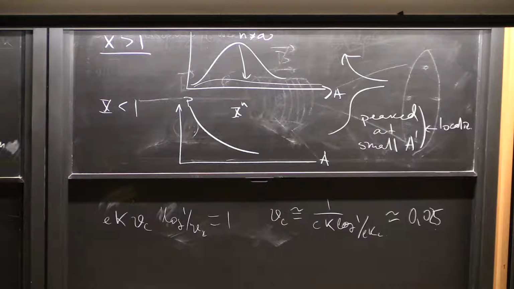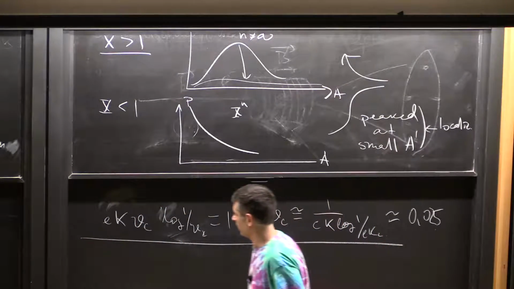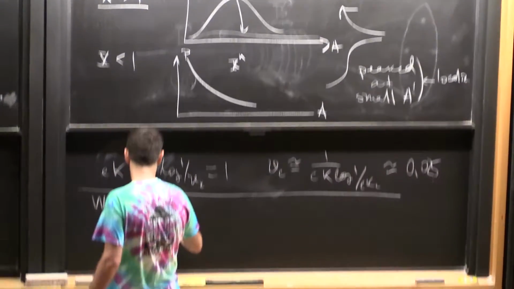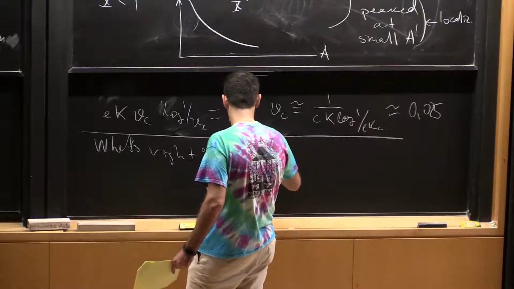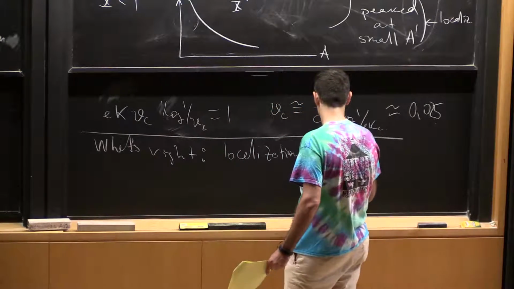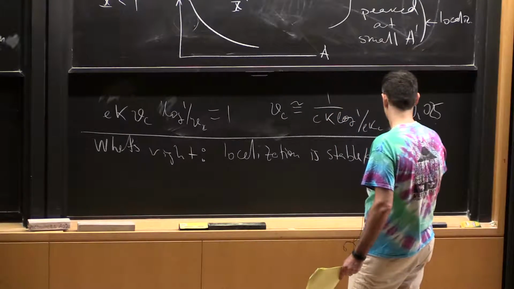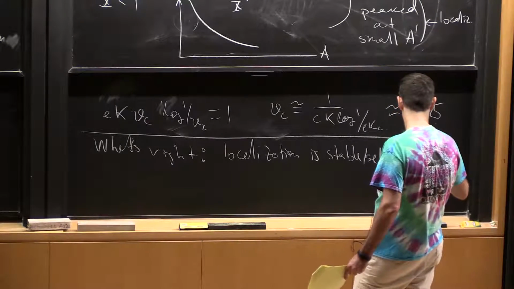So this theory is right about some things. It's wrong about everything else, obviously. What's right? Localization is stable, self-consistent, or consistent depending on your perspective.